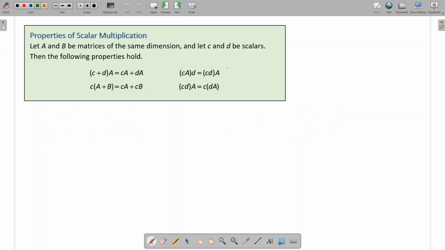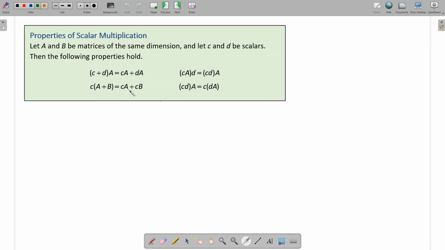All right, the next table here just indicates that scalar multiplication behaves nicely. We have a couple different distributive properties here. This is saying that if you have two scalars added together that you're then going to multiply by a matrix, you could actually distribute the matrix through, do each individual scalar multiplication, and then add those together. Or if you have a matrix sum here and a scalar on the outside of it, you could distribute the scalar in first.